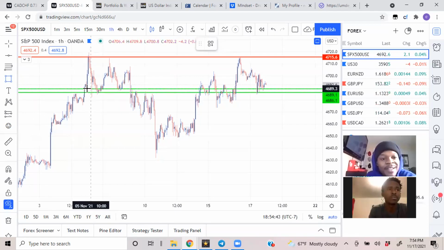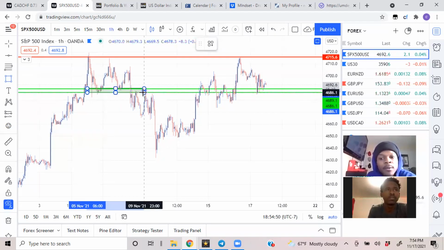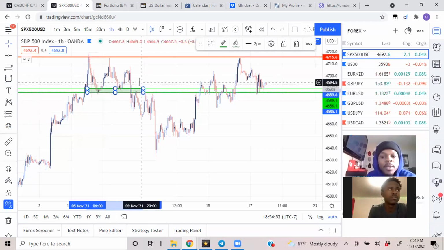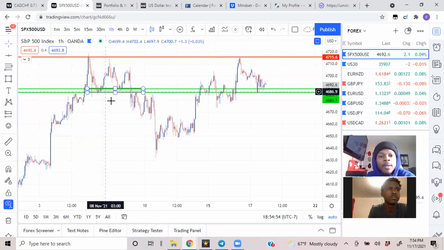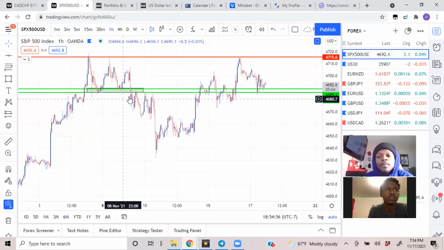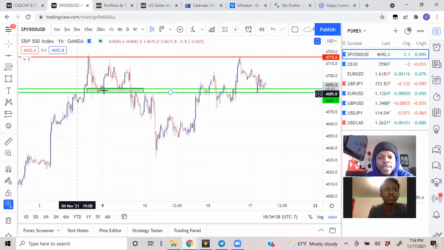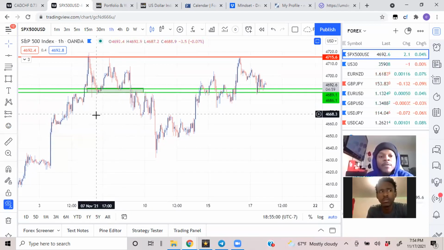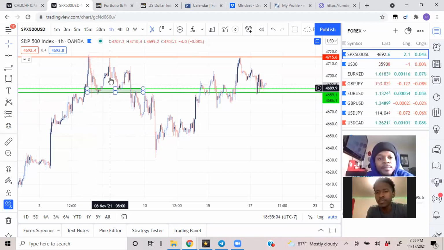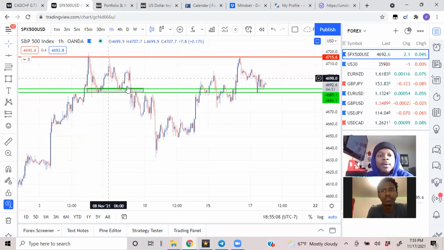So that creates a zone for this area where I just put in this square box. I put a whole green box to represent a zone more so than specific price points. And I'm going to get into how to mark up supply and demand zones a little bit later on as well.